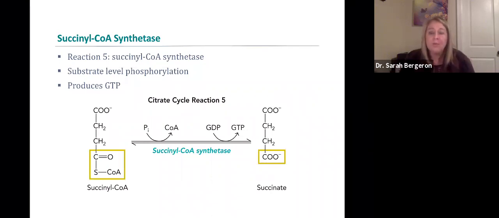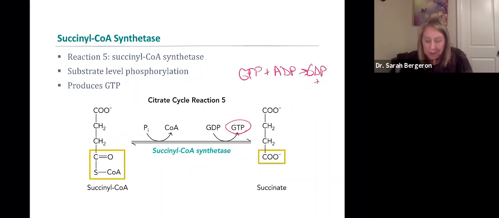And so very easily, once we make, in this case, GTP, the GTP has a reaction with ADP, right? And we're going to make GDP and ATP, right? And so the delta G value for this is basically 0. So it doesn't require energy to actually go, right?